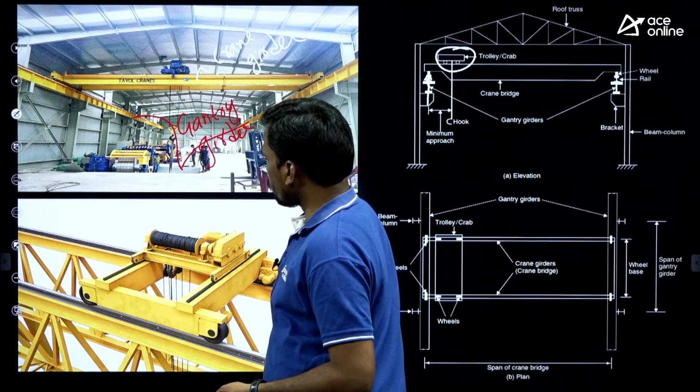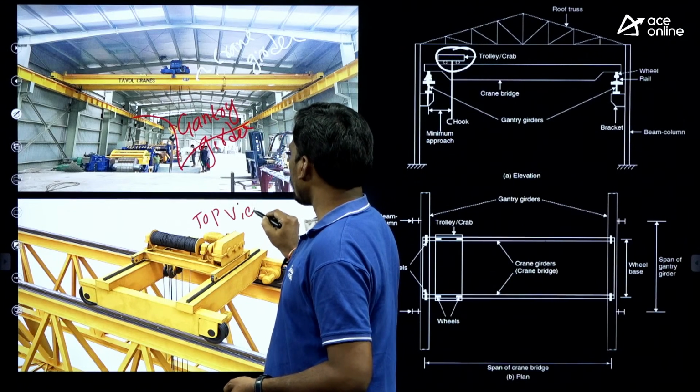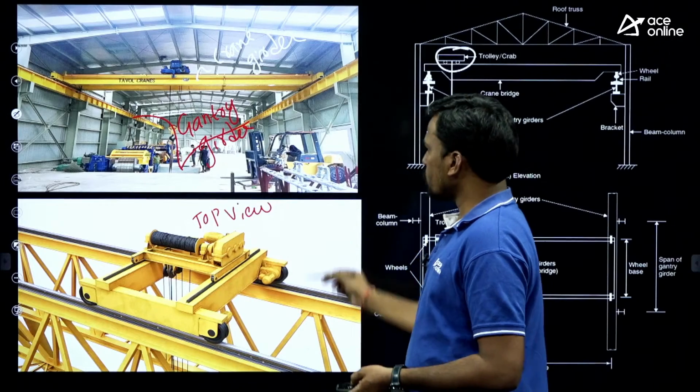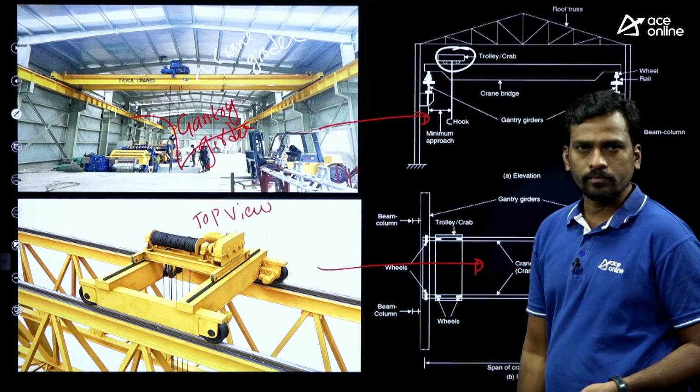Now this is the front view. If you see it from the top view, this is the practical top view, and theoretically it is represented like this.